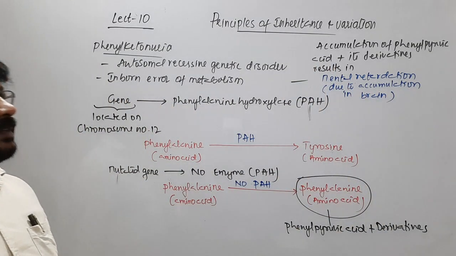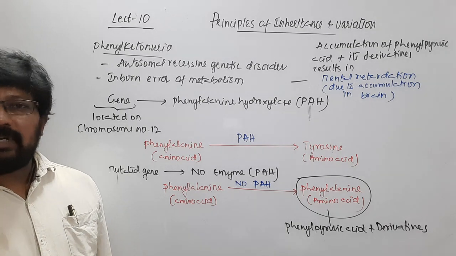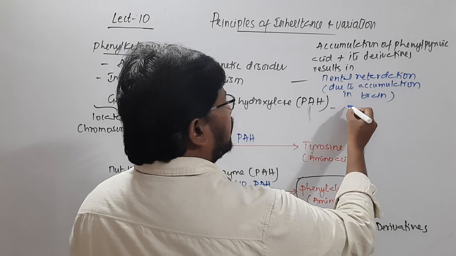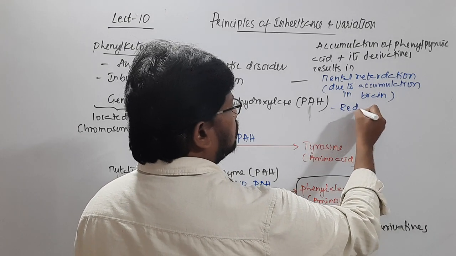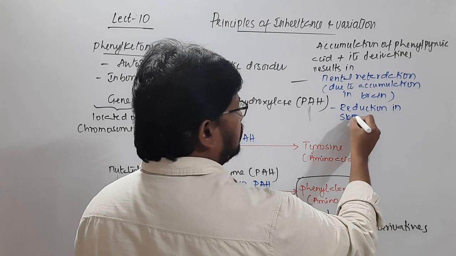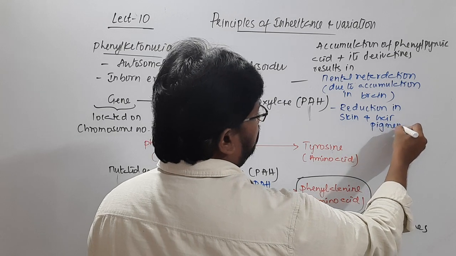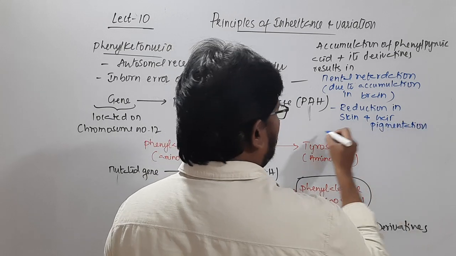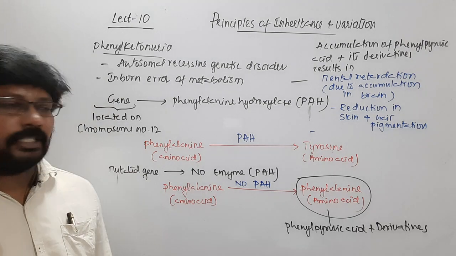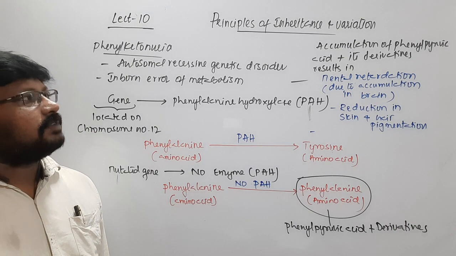The accumulation of phenyl pyruvic acid and its derivatives in the brain will result in mental retardation, and also a reduction in skin and hair pigmentation.